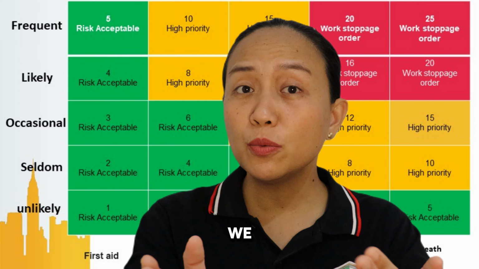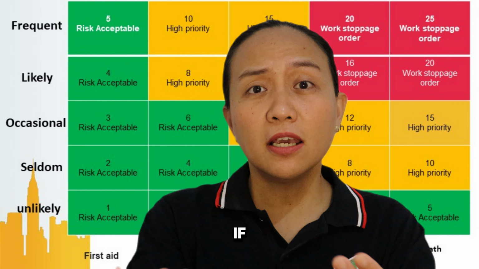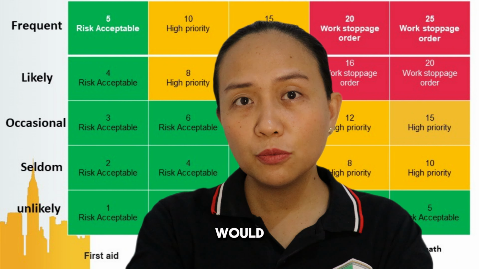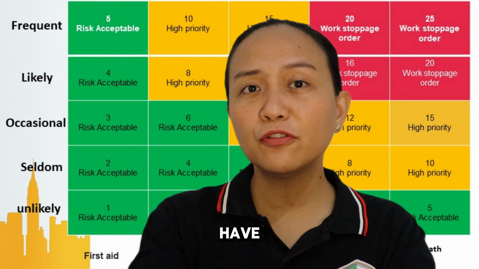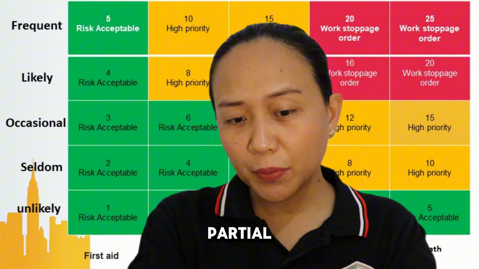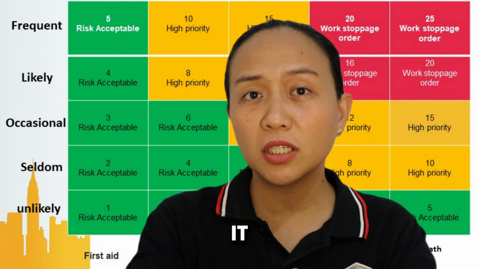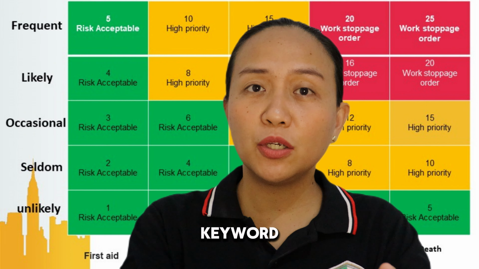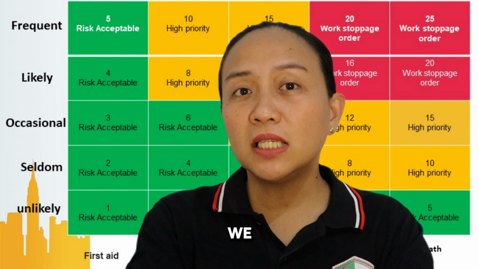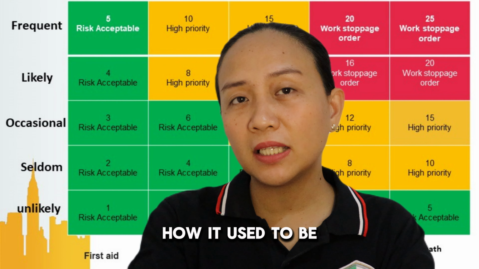Next is, we will score it as 3 if the injury or the illness would require you to have a permanent partial disability or it will result to a permanent partial disability. Keyword there is permanent. Hindi na po natin maibabalik sa dati.